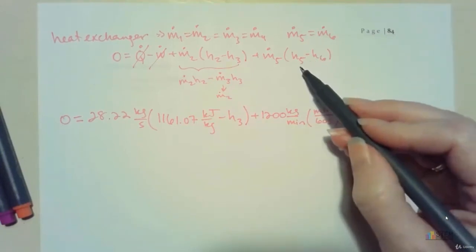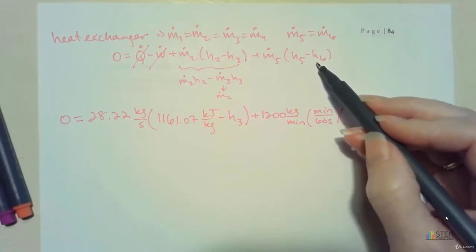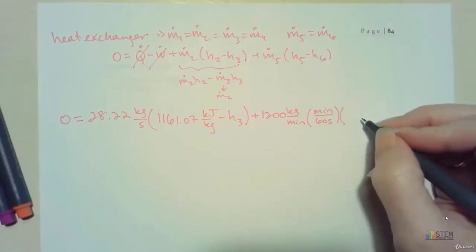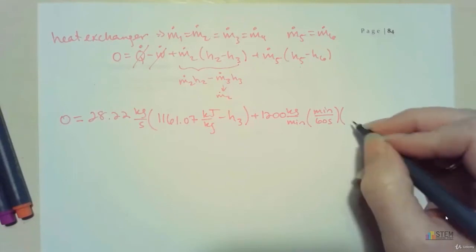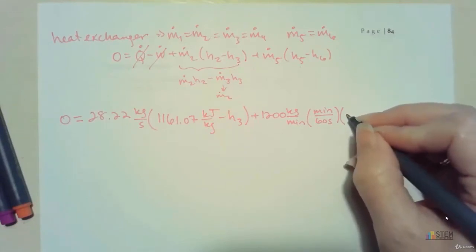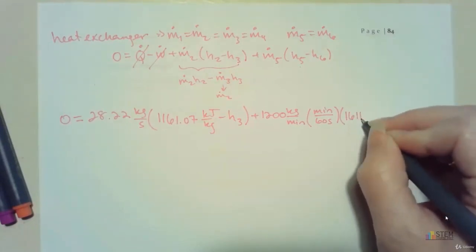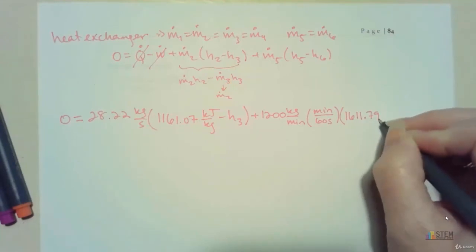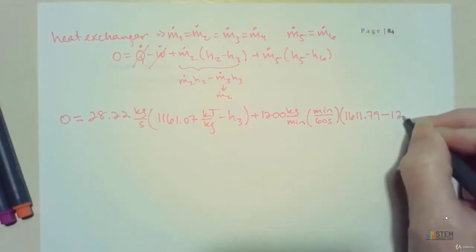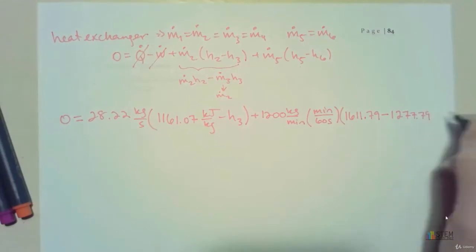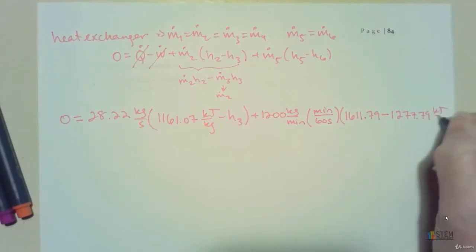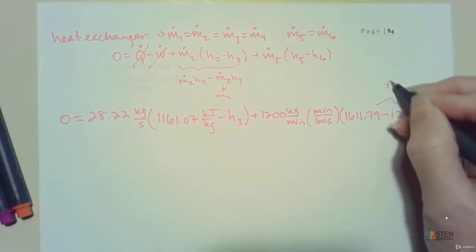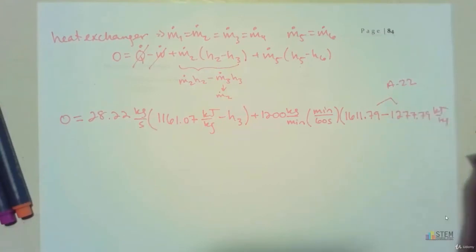We have the temperatures for both of these locations, so you just use the temperature, go to your ideal gas table, and pull out those numbers for H. So at 5, you got 1611.79. At 6, you got 1277.79. And these are kilojoules per kilogram. So again, that's table A22.